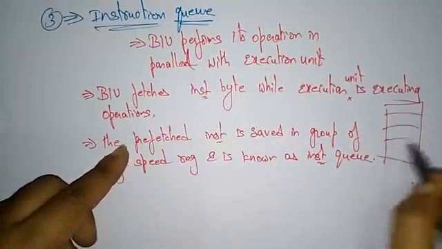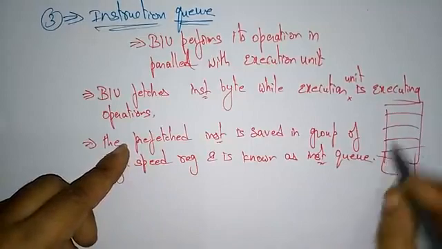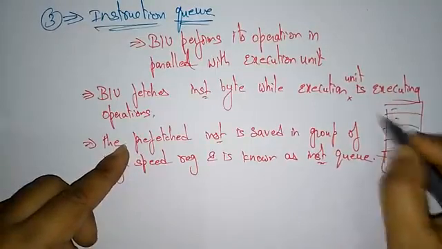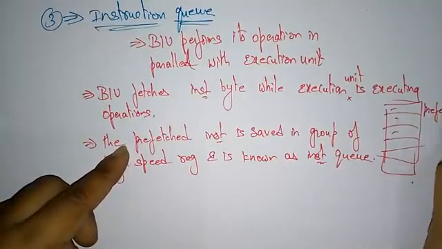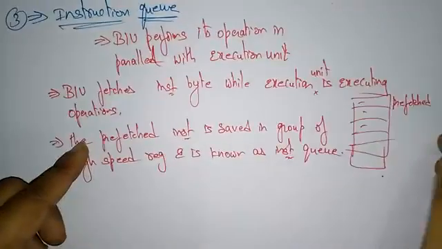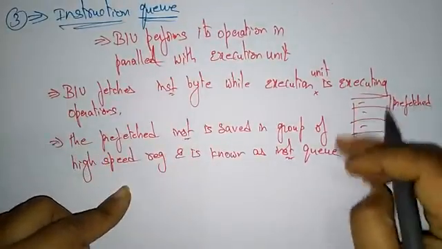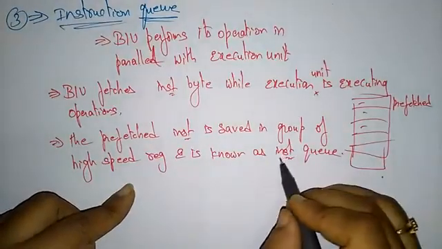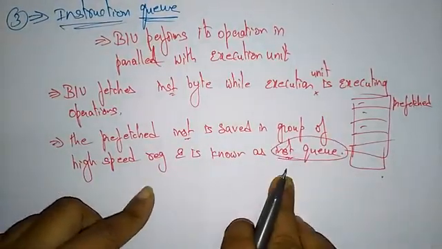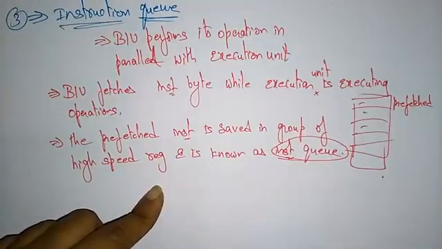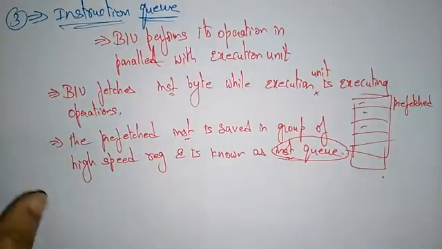Each instruction queue holds 6 bytes. Note that this instruction queue is a high speed register.